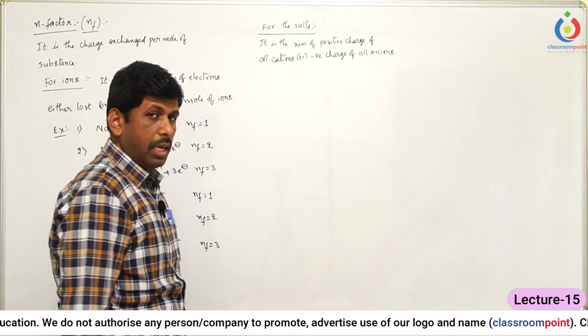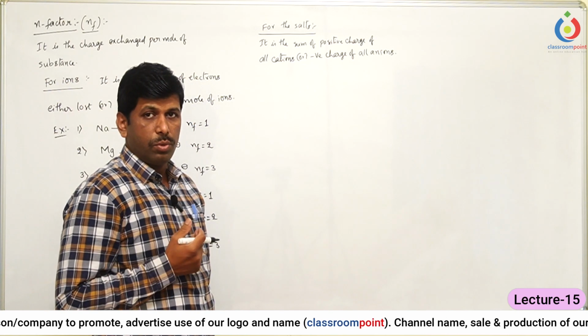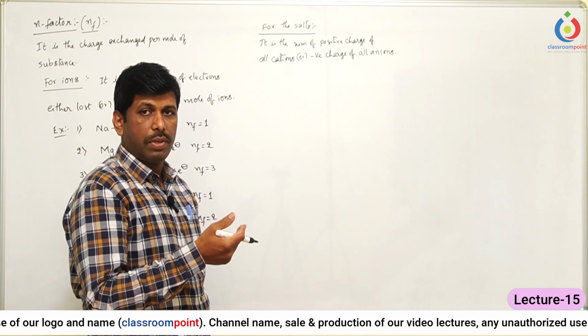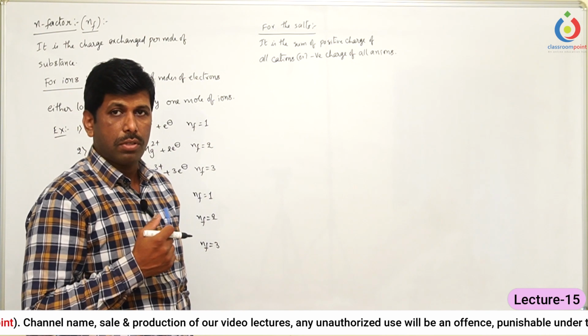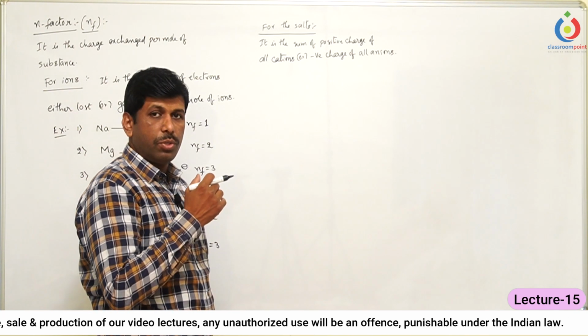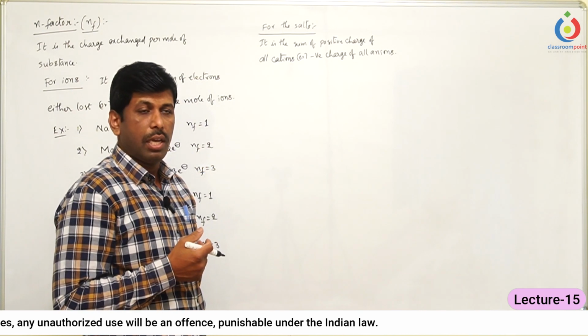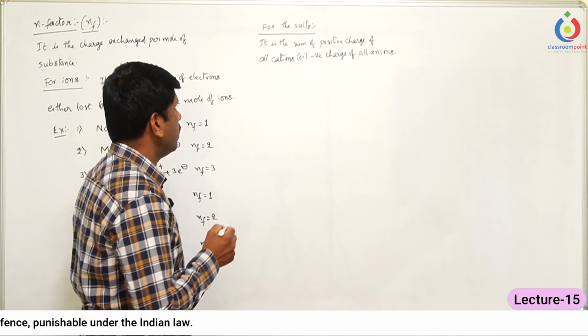So we have to take either the cations' positive charges, or the anions' negative charges. Because if cations are formed by the loss of electrons, the same number of electrons are gained by the anions. That's why the N factor we have to calculate either in terms of the cations or in terms of the anions. Both we should not consider. Either one of them we have to consider.